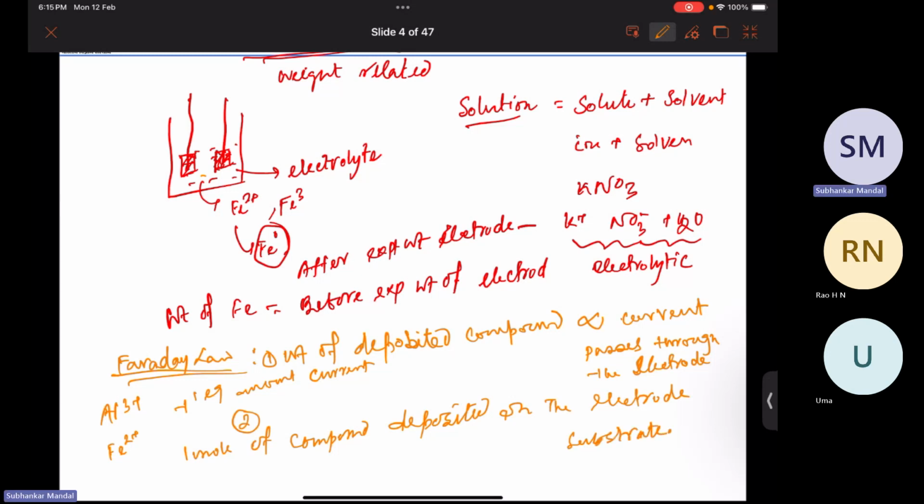In the case of aluminum 3 plus, 3 electrons are required, and in the case of iron, 2 electrons are required.